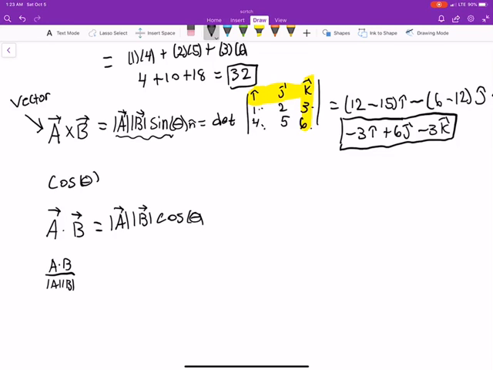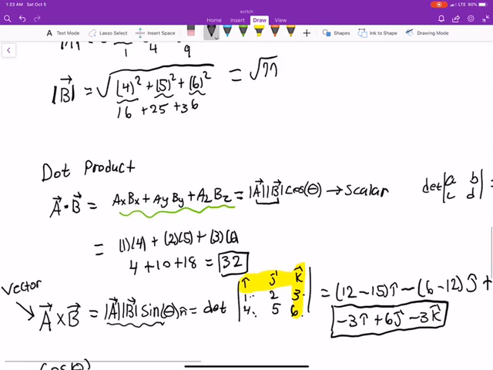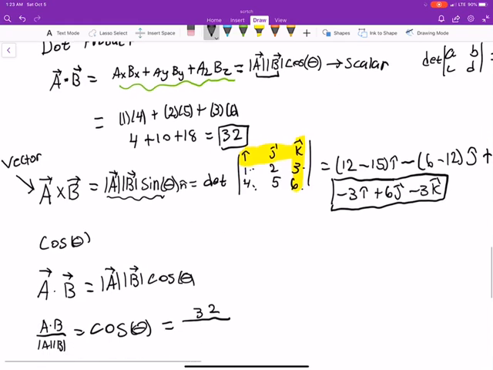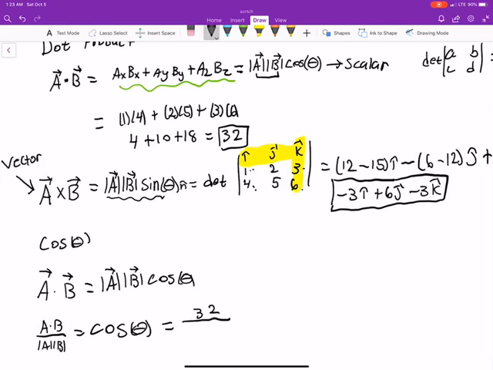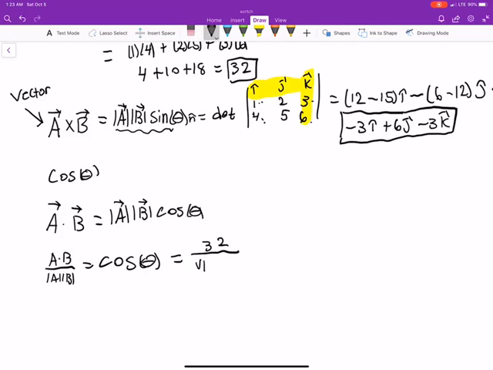We calculated the dot product earlier, which was 32, over our magnitudes, which were root 14 and root 77. So root 14 times root 77 is the square root of 1078. Maybe that can be cleaned up, but that's good enough for now. So that's what our cosine of theta is equal to.